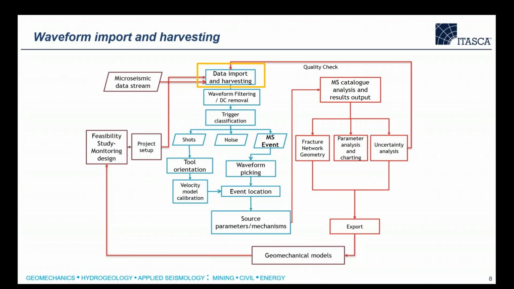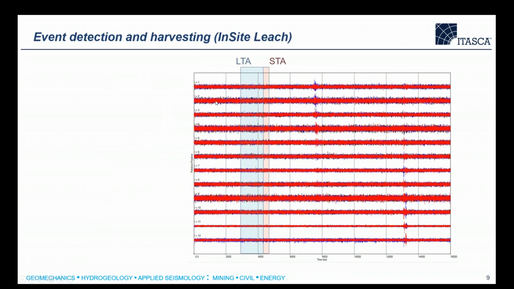So InSite is ready to work with already processed data that has been triggered, where traces and events have been identified and fed into InSite, or Harvest events, which works with continuous streams, continuous data that is coming from the sensors, and detecting those events.